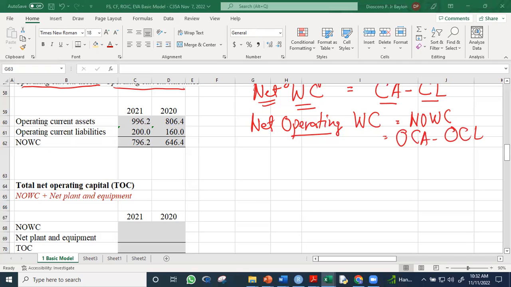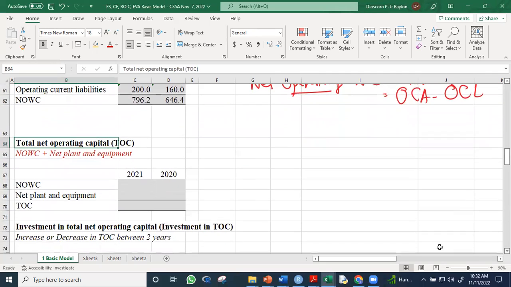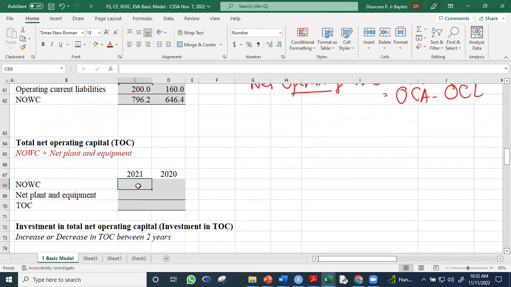Okay, and then let's compute now. This is working capital, net operating working capital. We're interested to know the total operating capital, not only the working capital. So we add to the NOWC the net plant and equipment.